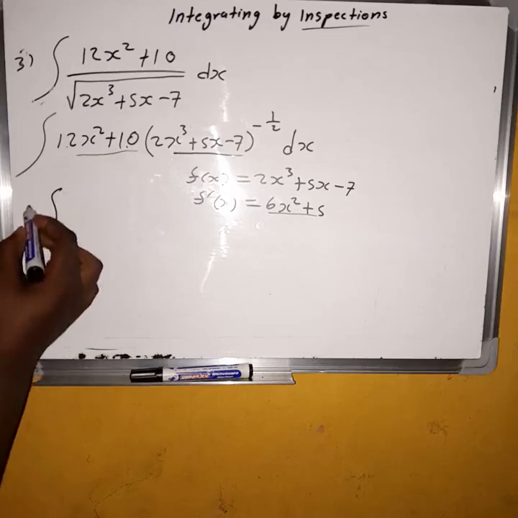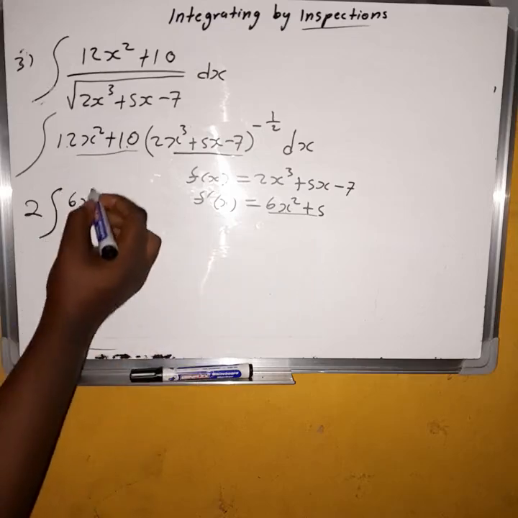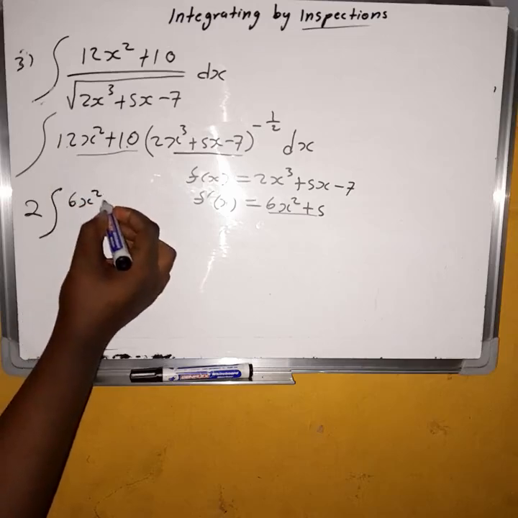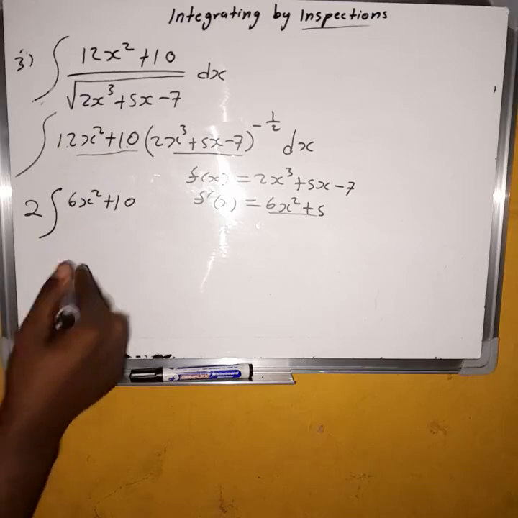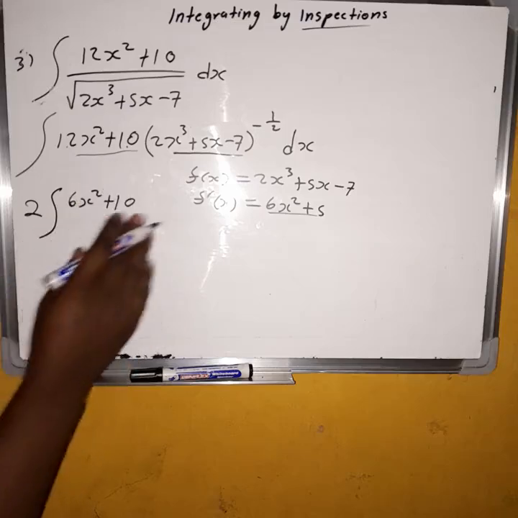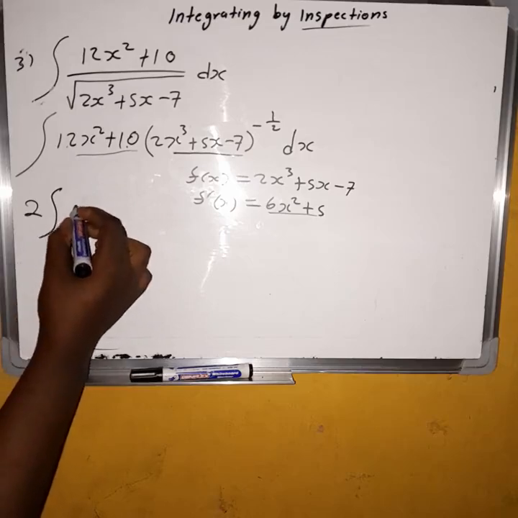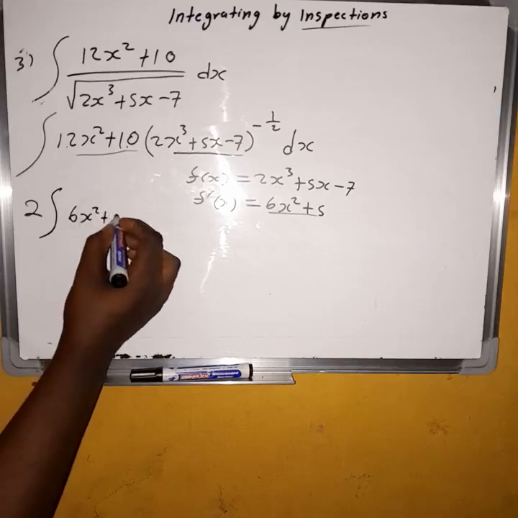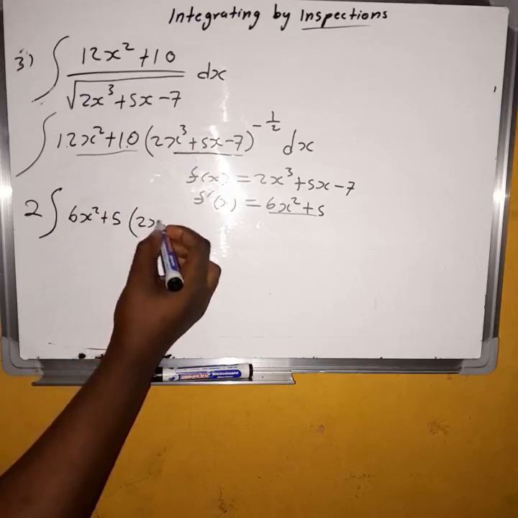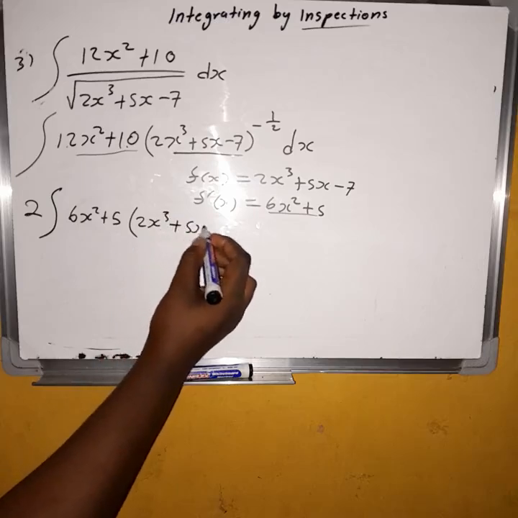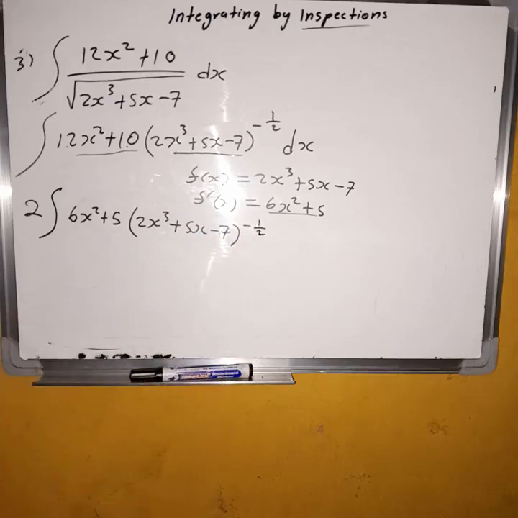You take 2 outside, and you'll be left with 6x squared plus 5, multiply all of these by 2x cubed plus 5x minus 7 raised to the negative 1 over 2, right?